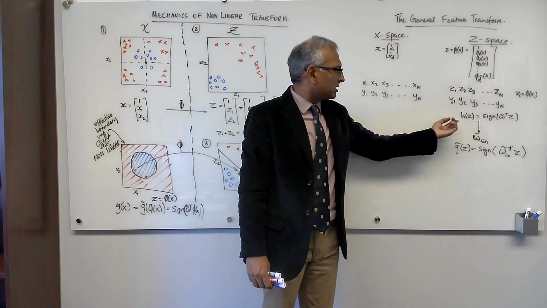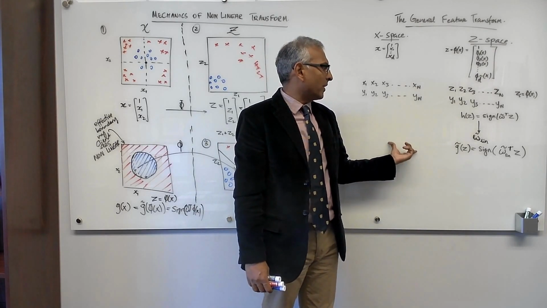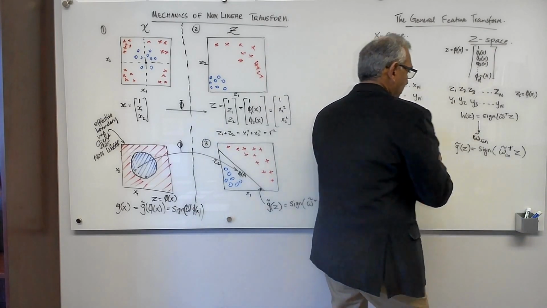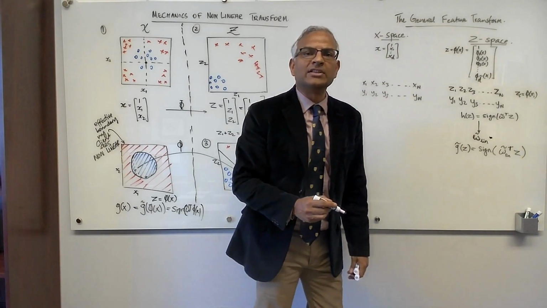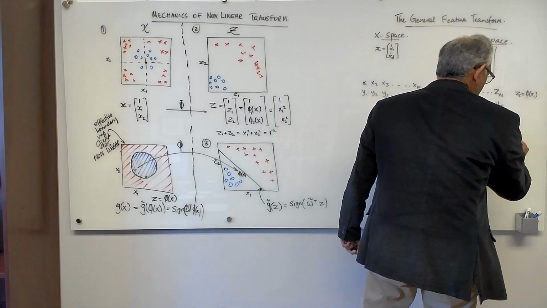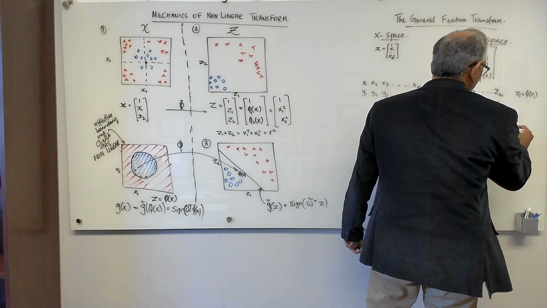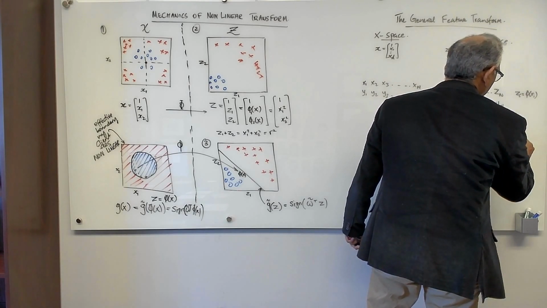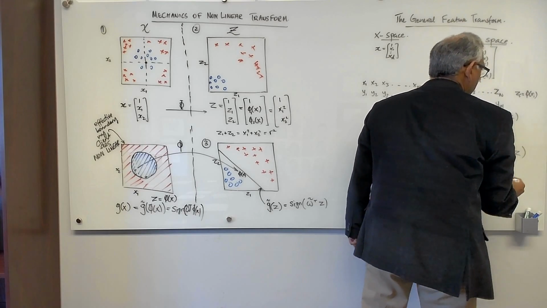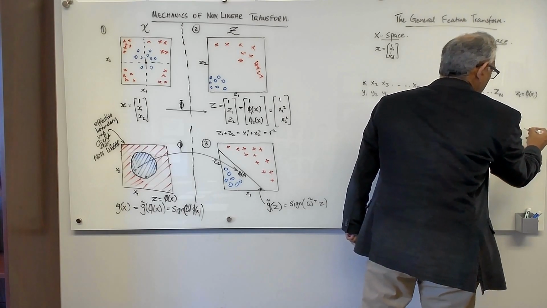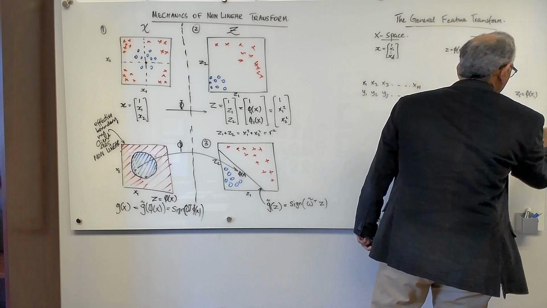What are my weights? I get weights W lin, and I'm going to have W tilde 0, W tilde 1, all the way to W tilde D tilde. So there are D tilde plus 1 weights.